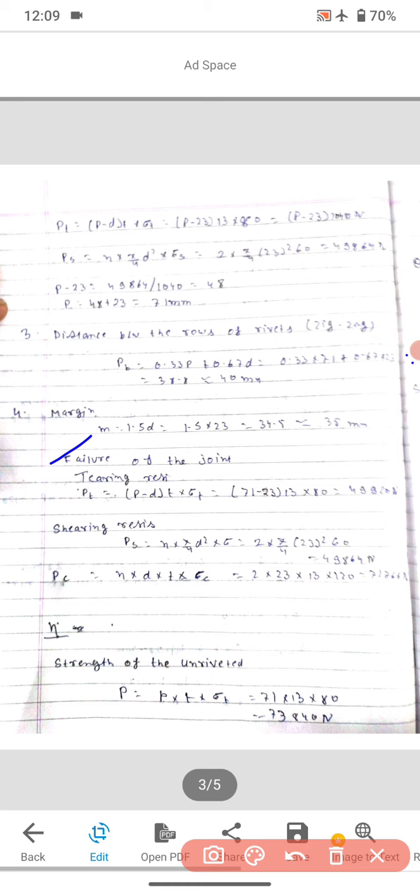Now first find out the tearing resistance. The tearing resistance Pt is equal to (p minus d) into t into sigma t. So p, that is the minimum value, 71 mm, you have to take.